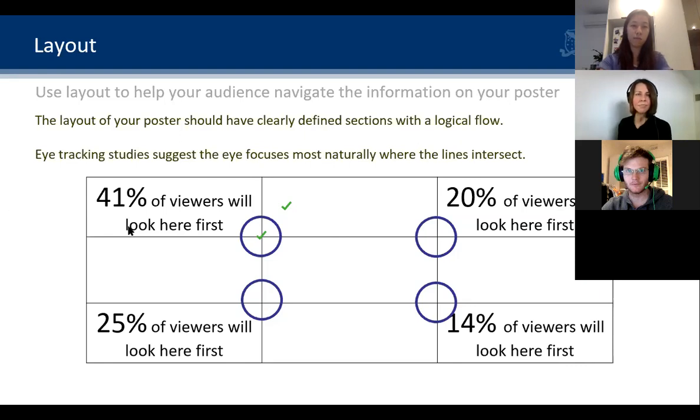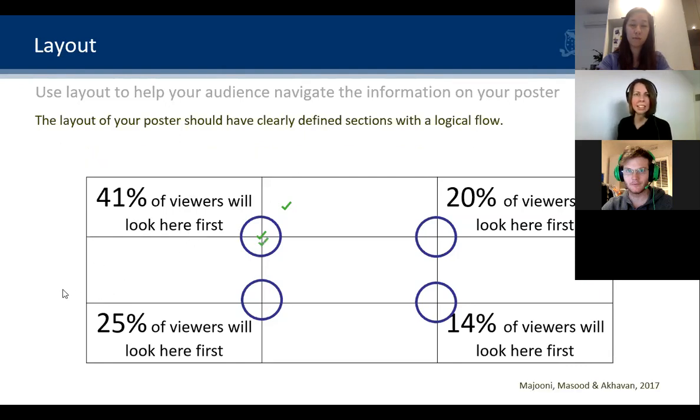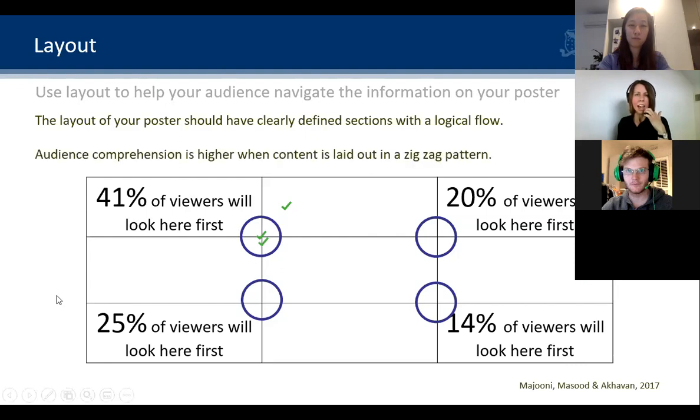So 41% of viewers in that study looked to the top left side first, which was close to what you were all suggesting. And then 20, 25, 14 after that, which again is very similar to what you just suggested to me.